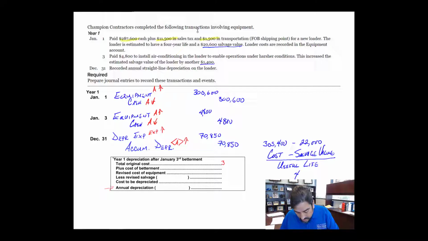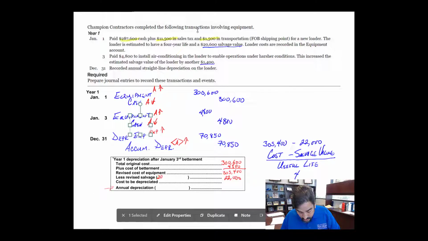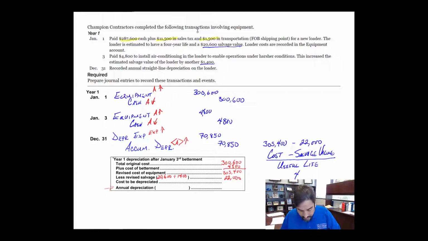The original cost plus the betterment equals the cost of the equipment minus the salvage value, and that was the 20,600 and the 1,400, gives you the depreciable cost. 283,400.